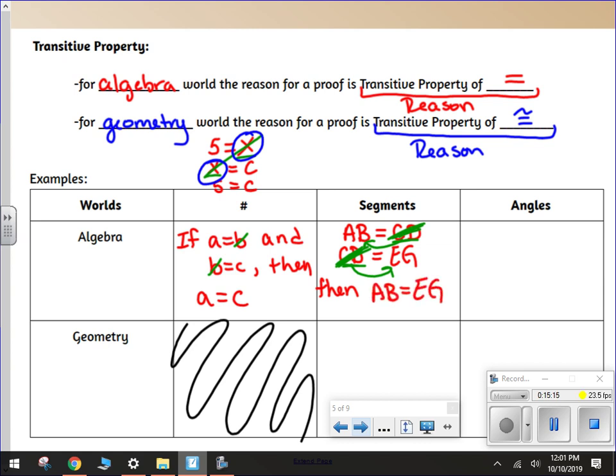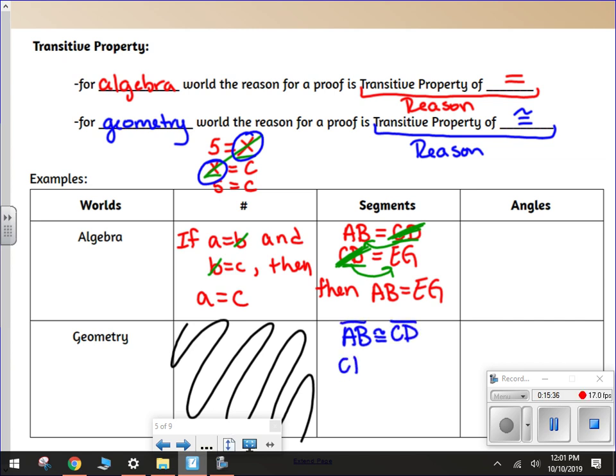So for geometry, it's the same thing, but instead of the equal signs, I'm using congruent, and that means I need to put a bar on top of each of them. Okay, again, CD is the link, so that I can conclude that segment AB has to be congruent to segment EG.